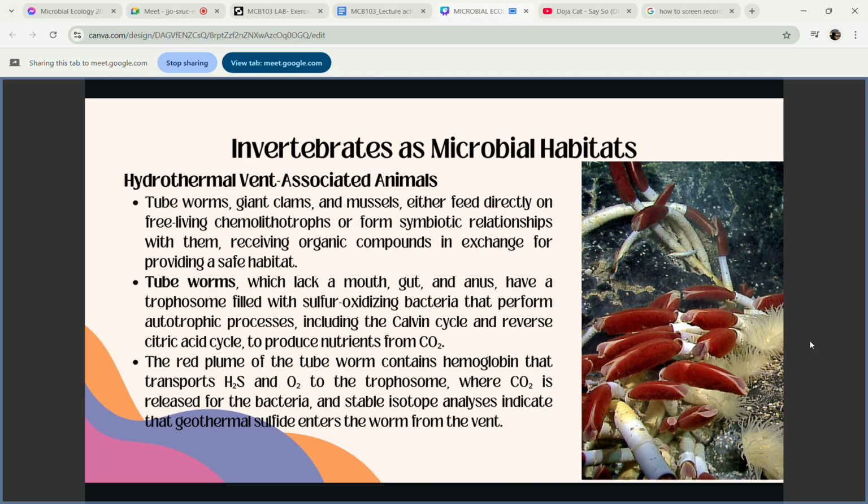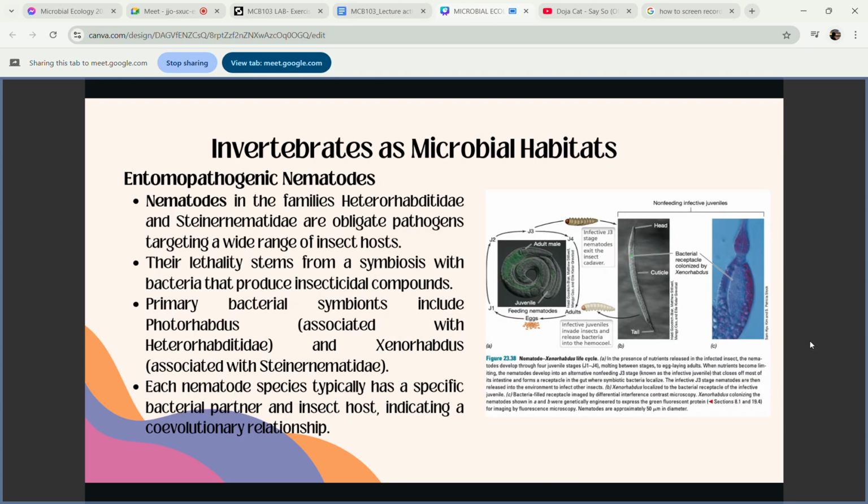So next slide, please. So other invertebrates include nematodes, specifically entomopathogenic nematodes, wherein the families Heterorhabditidae and Steinernematidae are obligate pathogens targeting a wide range of insect hosts. So their lethality stems from a symbiosis with bacteria that produce insecticidal compounds.